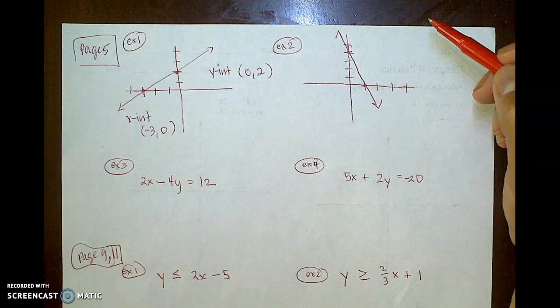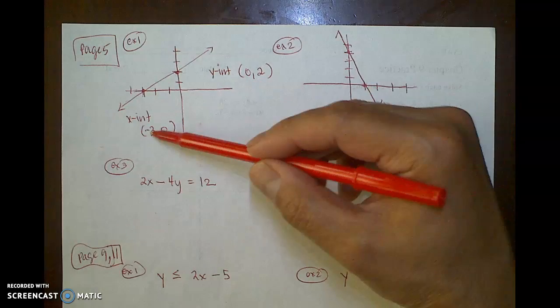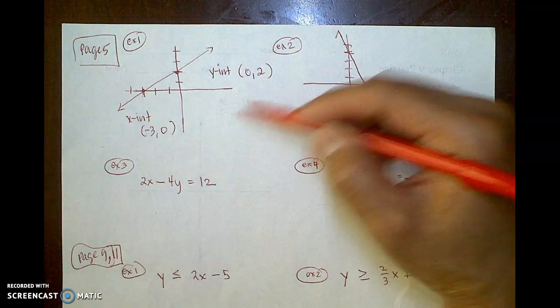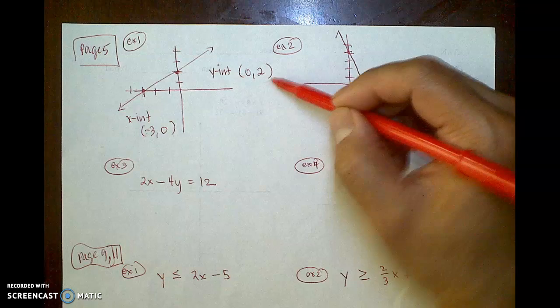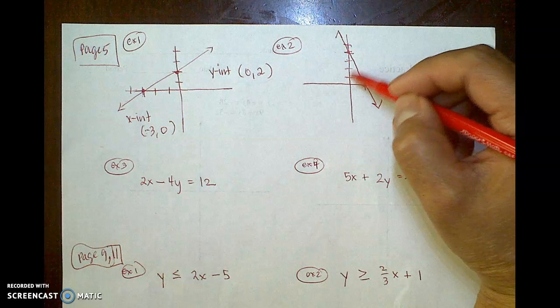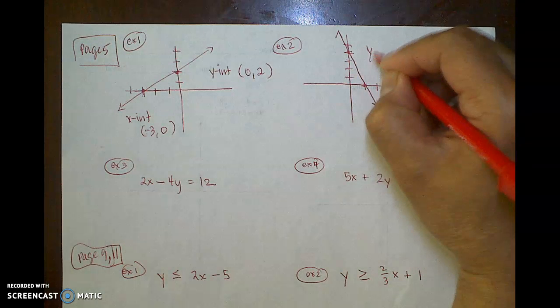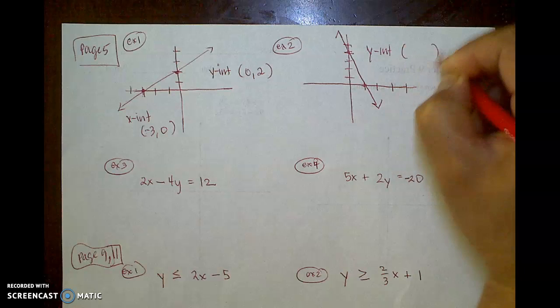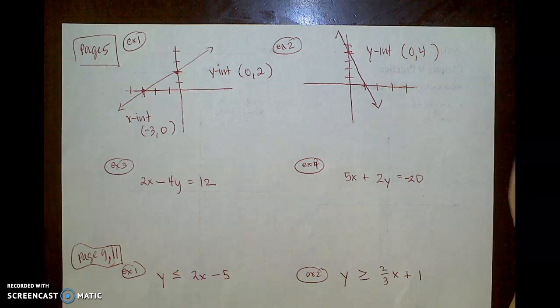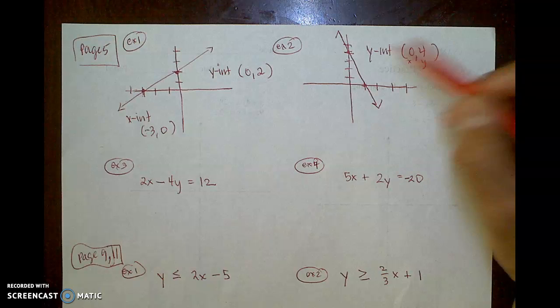I noticed that you did write an ordered pair, but you're pairing up the x numbers and the y numbers as one ordered pair. We need two separate ordered pairs for each of these intercepts. Here it crosses the y-axis at 4, so the y-intercept is at (0, 4). The x number is 0 and the y number is 4.